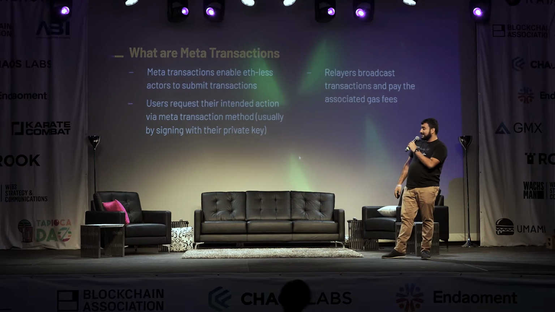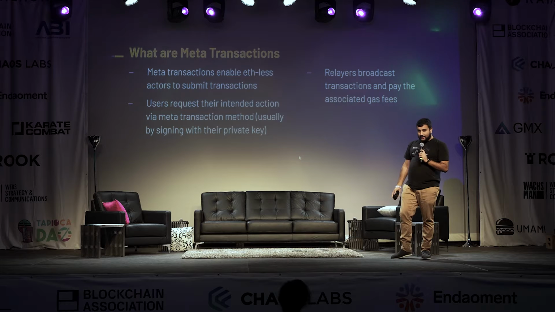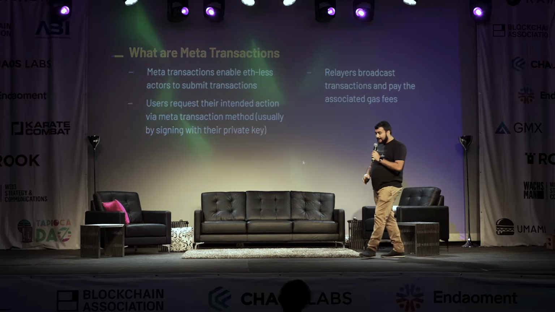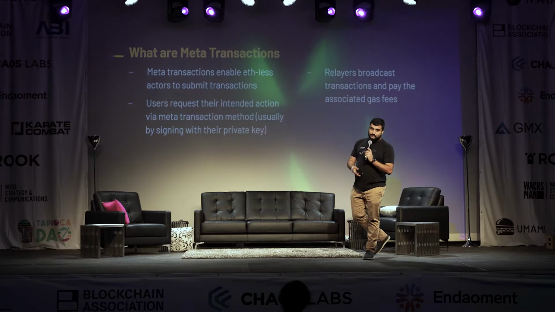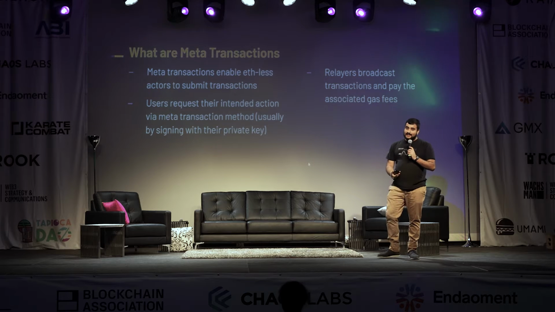What are metatransactions? In Ethereum right now, natively, you've only got one transaction type, which expects a key pair, so a public-private key and an address, and it expects you to have some ETH in that address in order to submit the transaction.